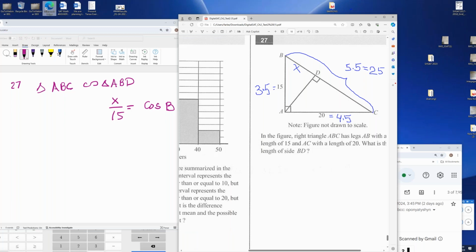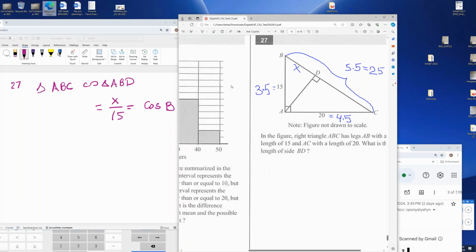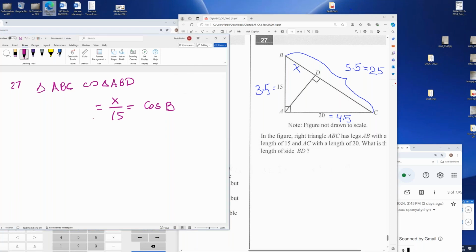But from the other side, the cosine of angle B, this angle, right? Equals adjacent in the big triangle to hypotenuse.